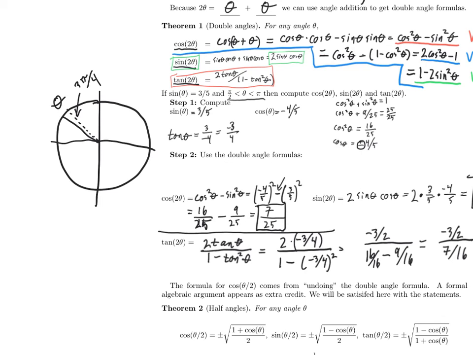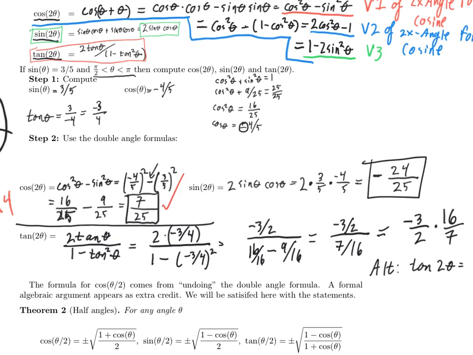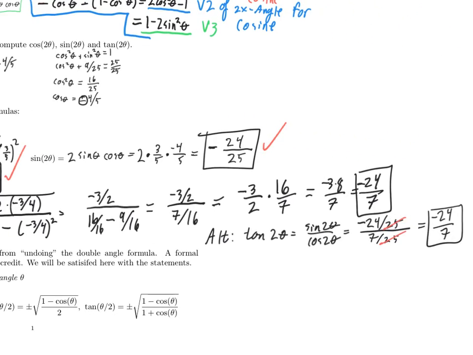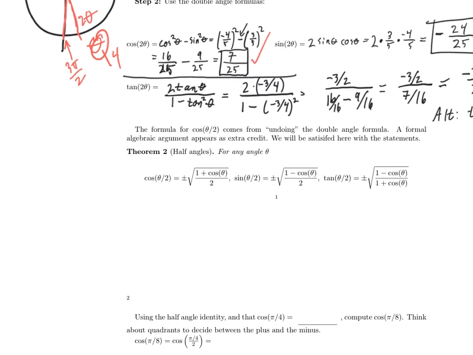So we go and double it. 3 pi over 4 will double to 3 pi over 2. So 2 theta will be a little bit past that. So that's quadrant 4. So it looks like cosine should be positive, sine should be negative. Cosine positive, sine negative, tangent negative. Okay, I'm pretty confident in the answer now.